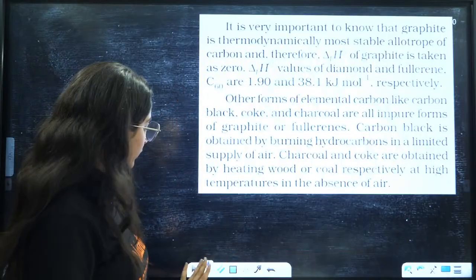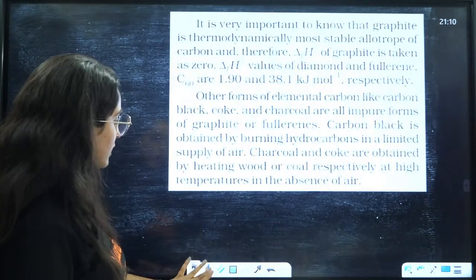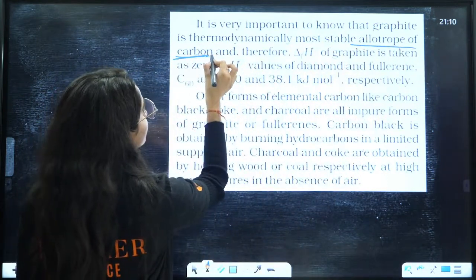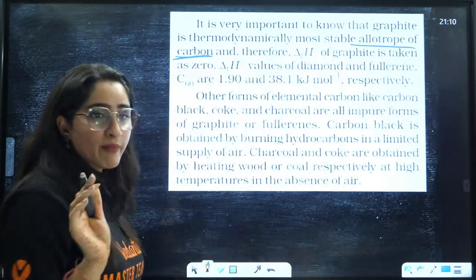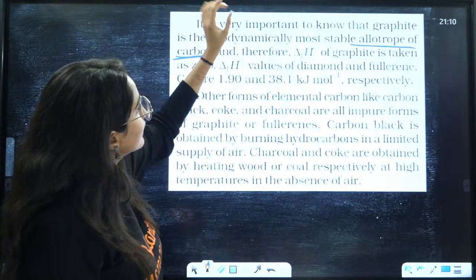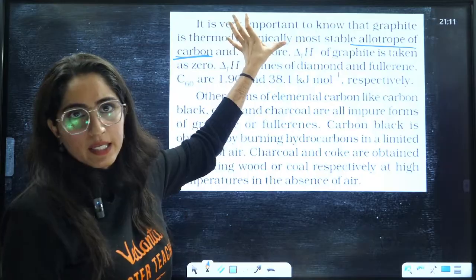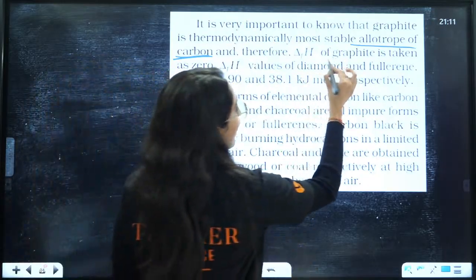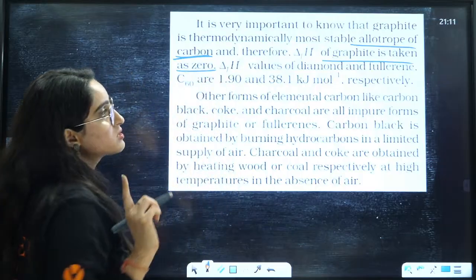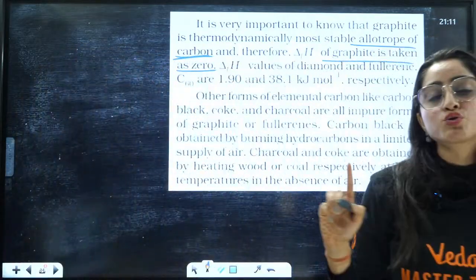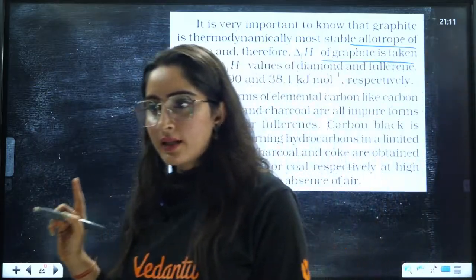It's very important to know that graphite is the thermodynamically more stable allotrope of carbon. Therefore, graphite is taken as 0. We have used this in thermochemistry, right?